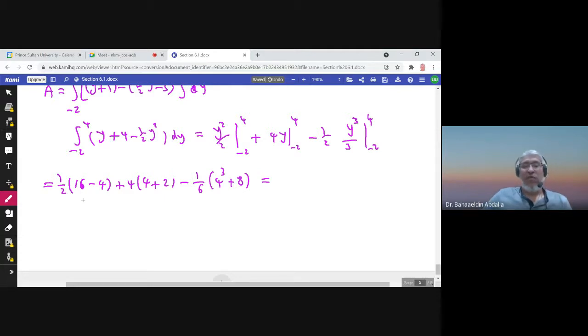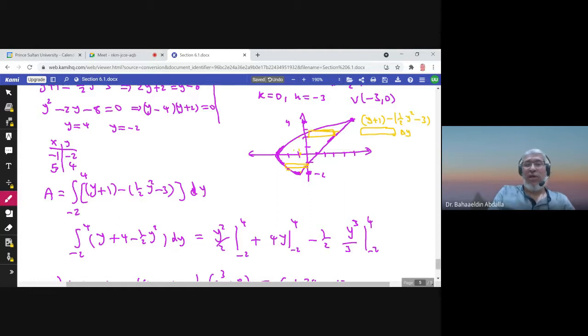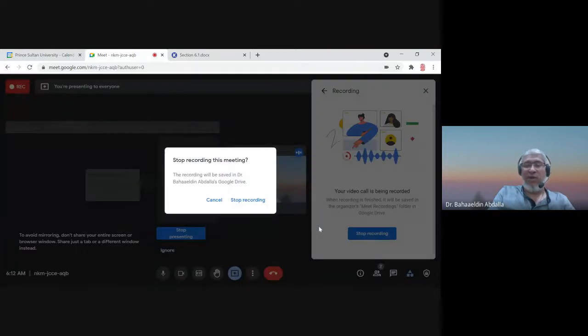So here I will have 12 over 2, which is 6, and here 4 plus 2 is 6 times 4, this is 24, and 4 to the power 3 plus 8 is 72, divided by 6 is 12. So 24 minus 12 is 12, plus 6 is 18, and the area is 18 square units. Please study the section again and again to understand carefully how to find the area between two curves.